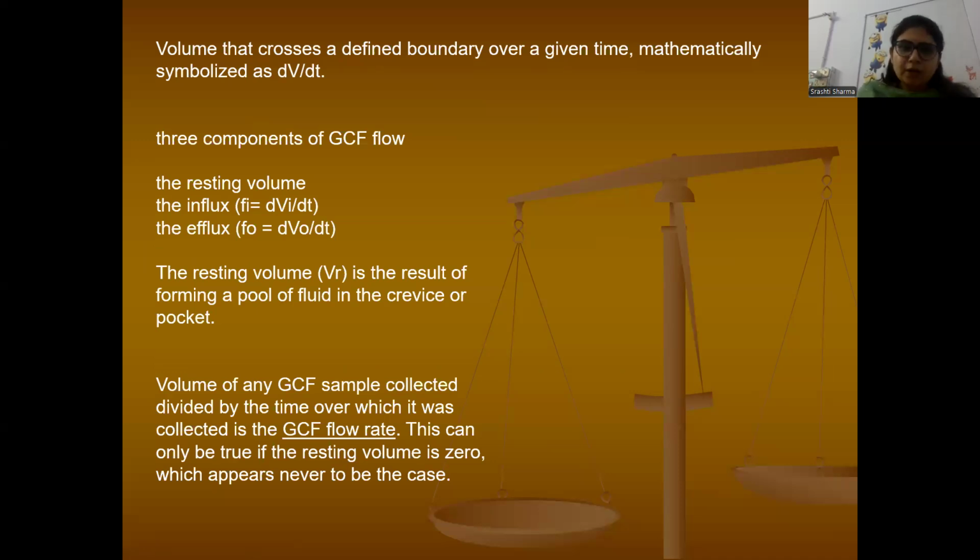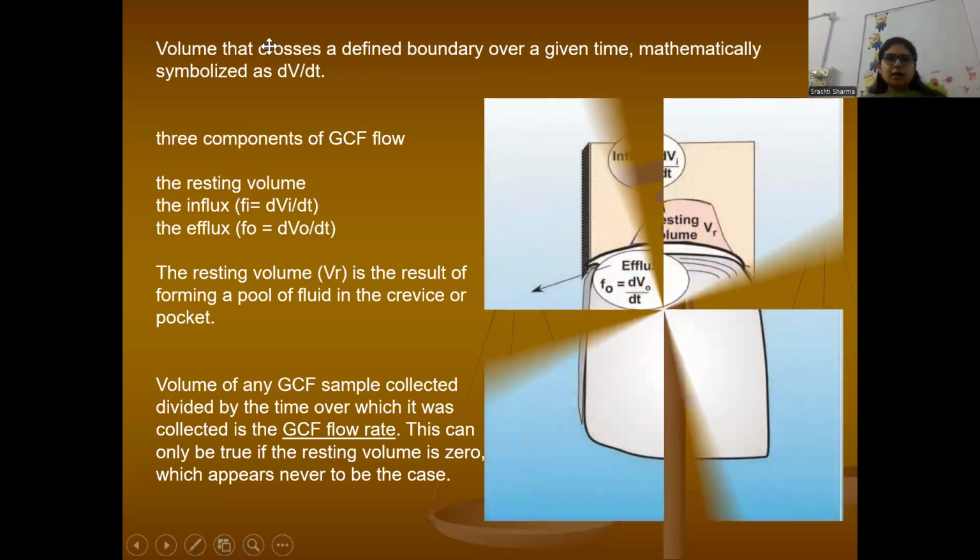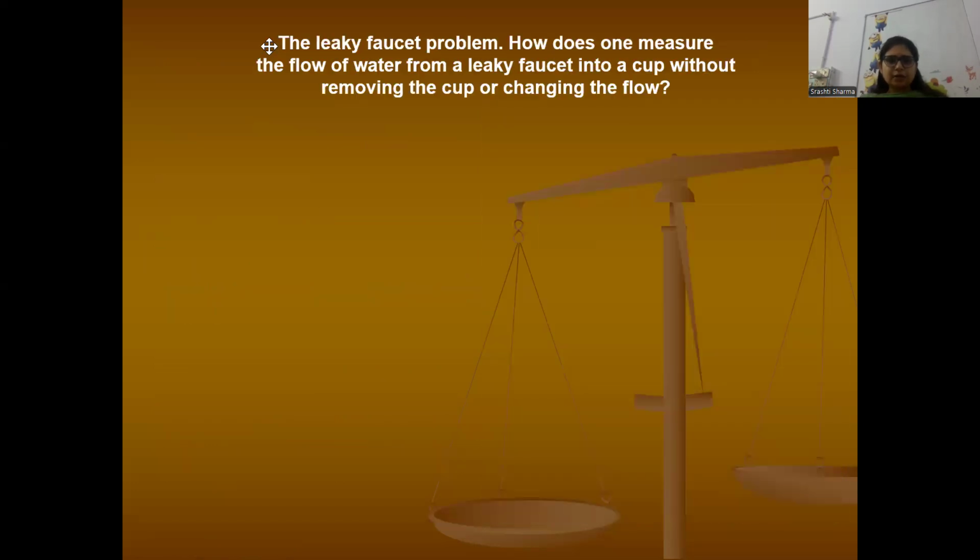So, three components of GCF flow: the resting volume, the influx, and the efflux.